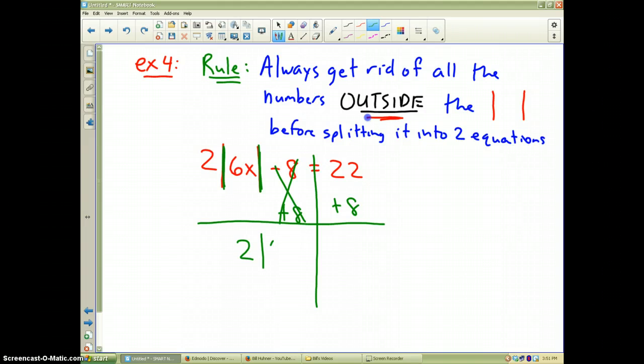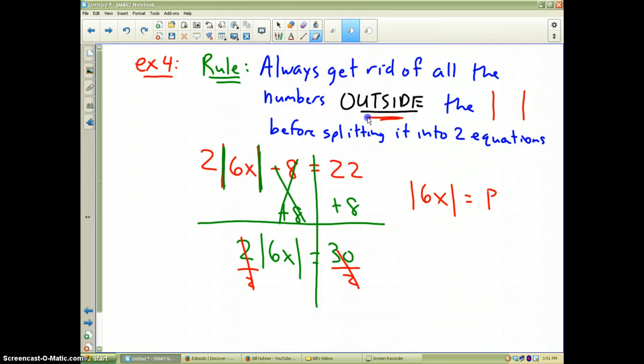I get 2 times the absolute value of 6x is equal to 30. And now I still have the 2 on the outside, so I'm going to divide both sides by 2. And I cancel those out, and I get the absolute value of 6x is equal to 15. Here's where, now that everything's gone from the outside, I can break it into two equations.